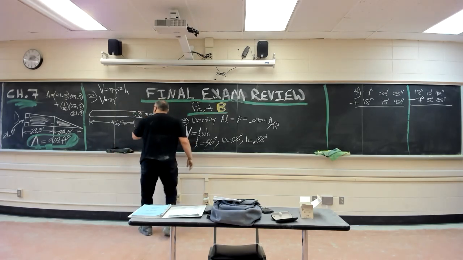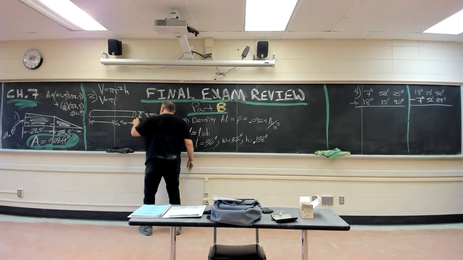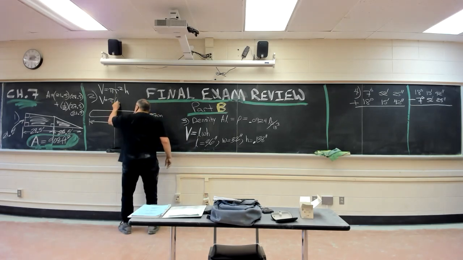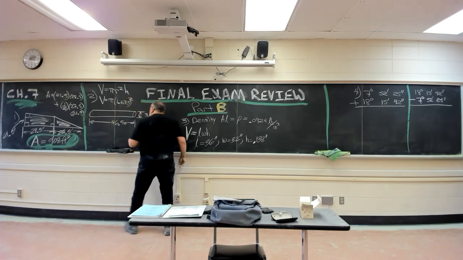The radius, well, this is the thickness of it, or the diameter of it. The radius is half of this, which is 1.635. If you actually take half of that and you square that. The height, well, in this case, the height is the length, and that's 46.5.